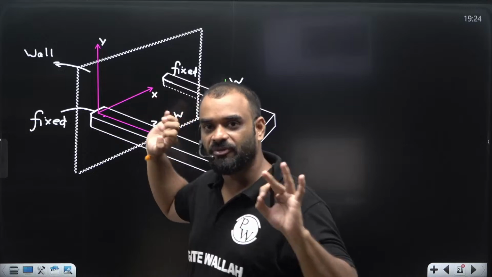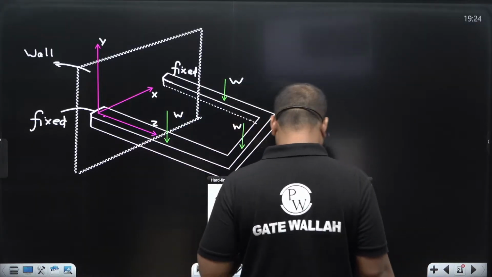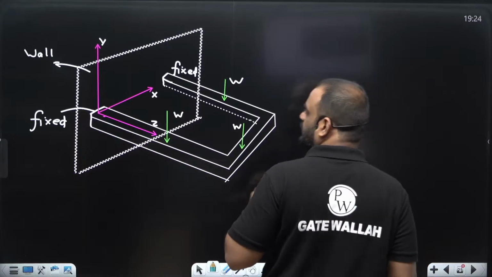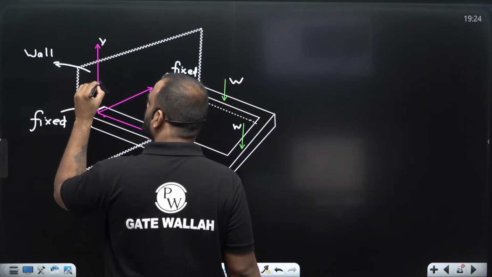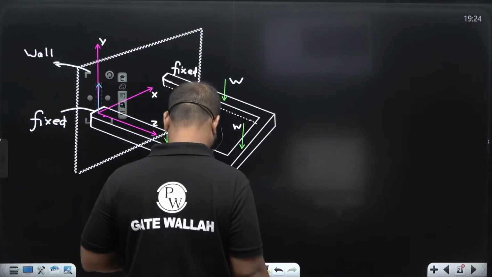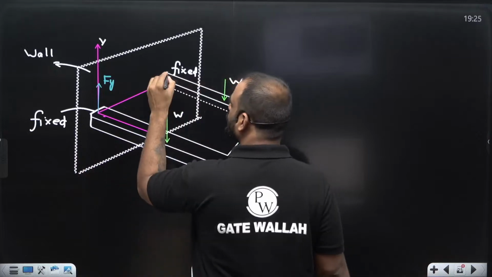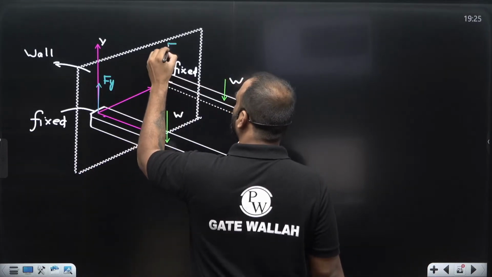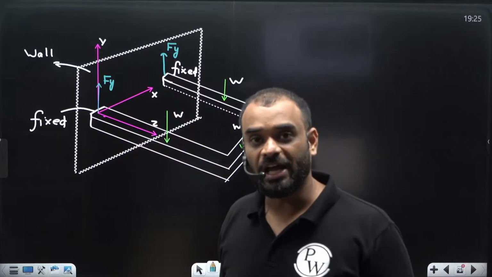That means Fy is available, yes or no? Summation means Fy reaction will develop in this particular case, at this support also, and at this support also.